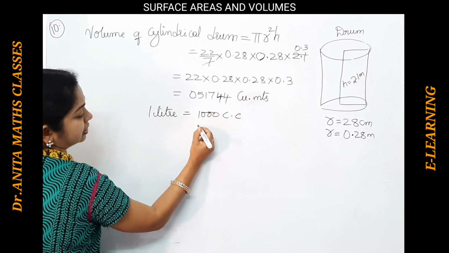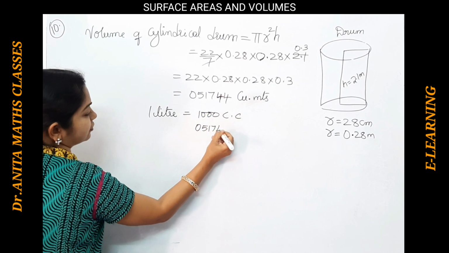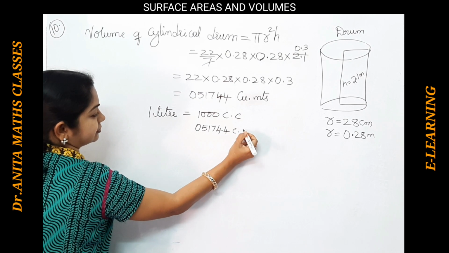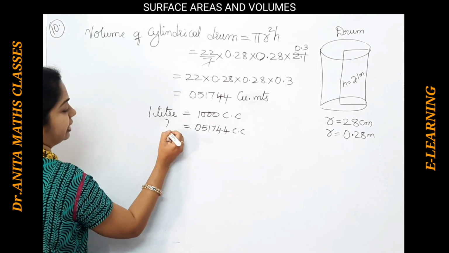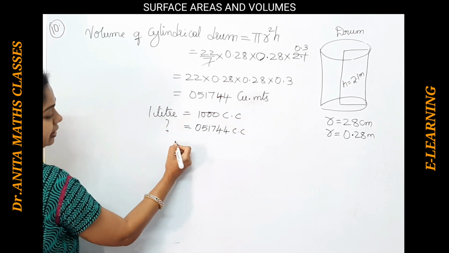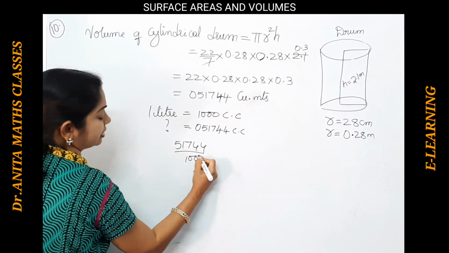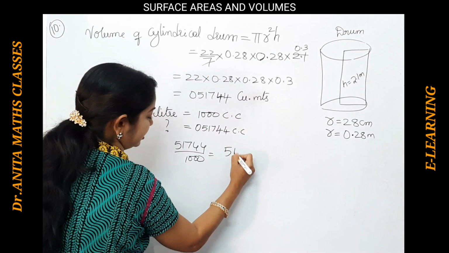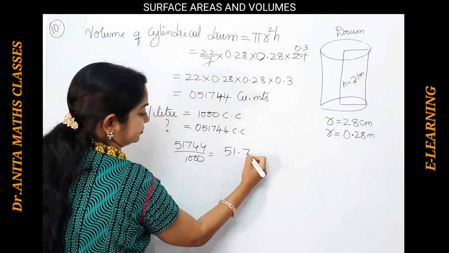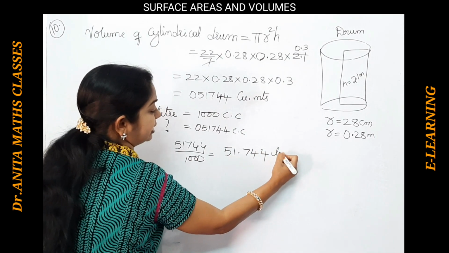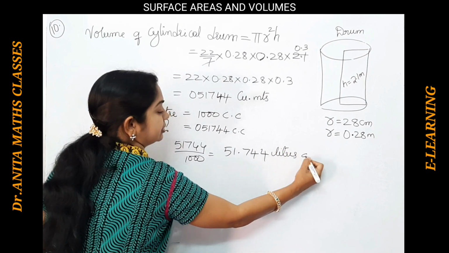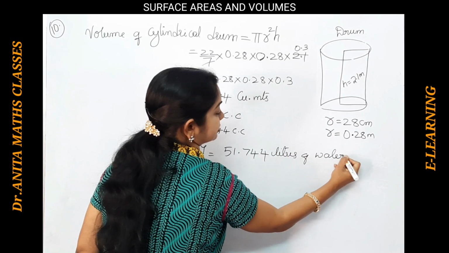So we have 0.51744 in cubic meters. So how many liters? Just divide it by 1000. If you divide with 1000, that means we can place the decimal point here. So this many liters of water the drum stores.